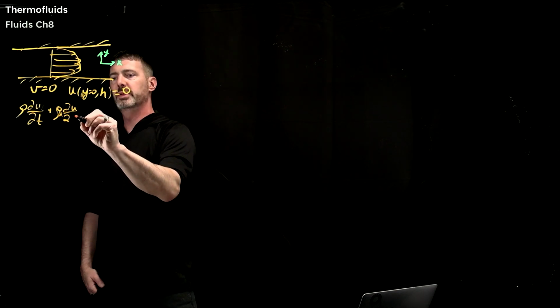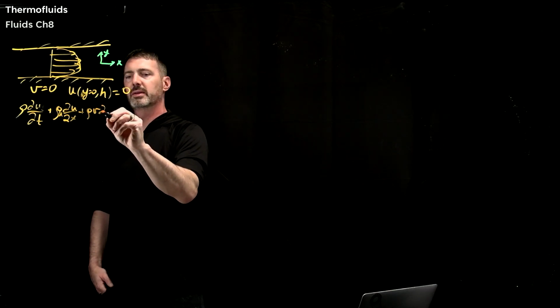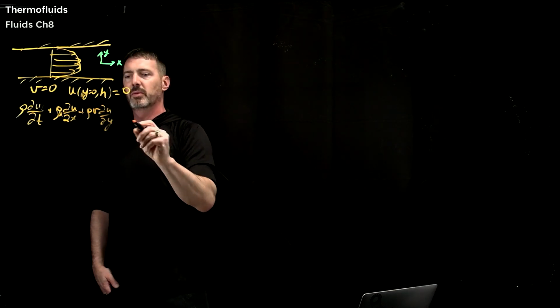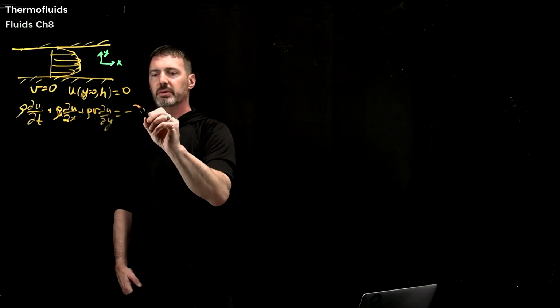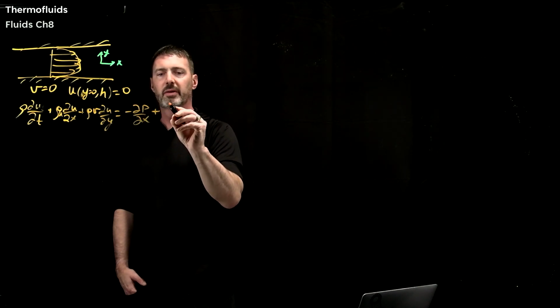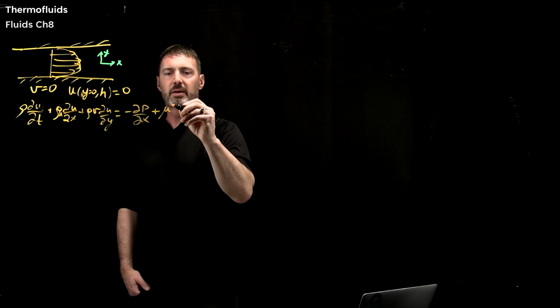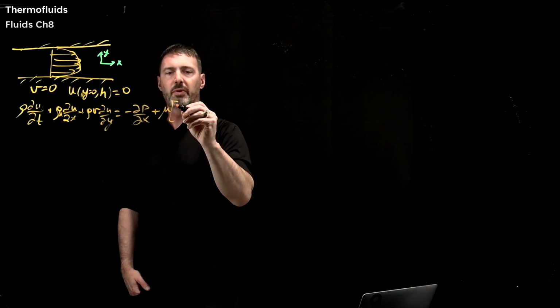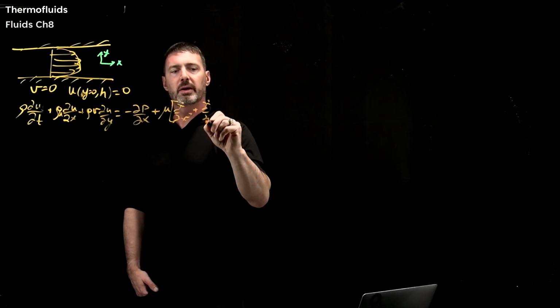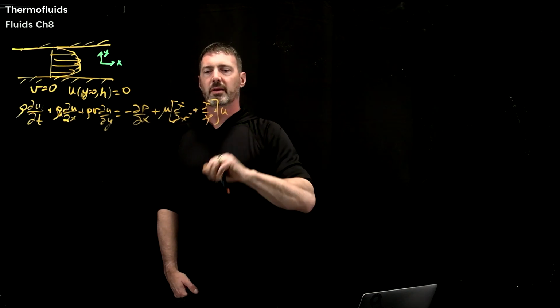So rho u du dx plus rho v du dy, and that's equal to the pressure gradient in the x direction and viscosity times, we'll do the full expansion, second derivative with respect to x, second with respect to y, and just 2D. So that's good enough for the x velocity.